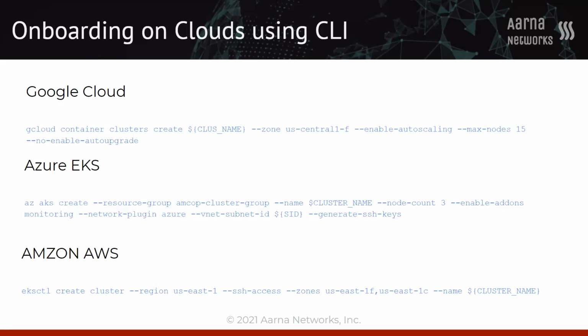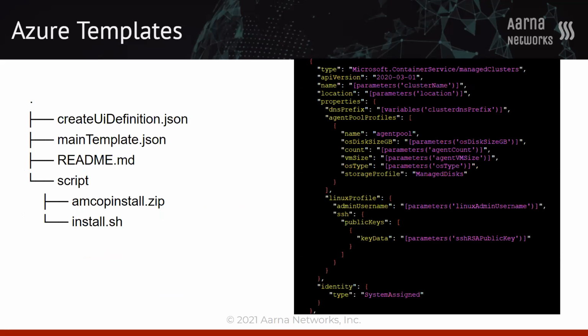Once the cluster is created, the mechanism for deploying is standard, because these are all Kubernetes clusters and they conform to the Kubernetes standard, so we can use the same set of scripts for deploying on different clouds.